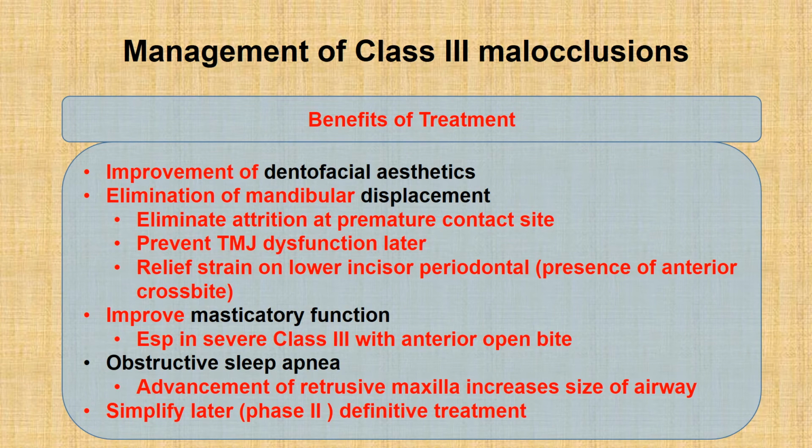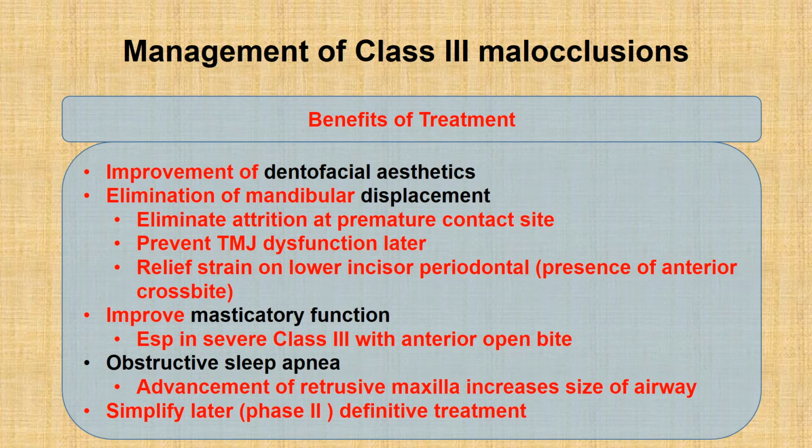Now, what are the benefits of treating a class 3 malocclusion? Most obviously, it is an improvement of the dentofacial aesthetics. With the treatment, we can also eliminate any mandibular displacement, as in a pseudo class 3 malocclusion.